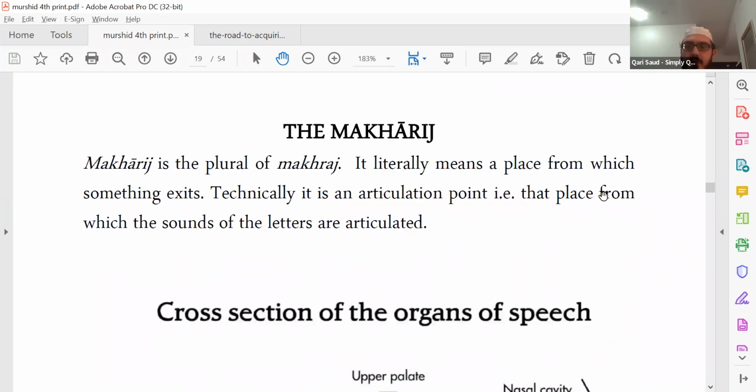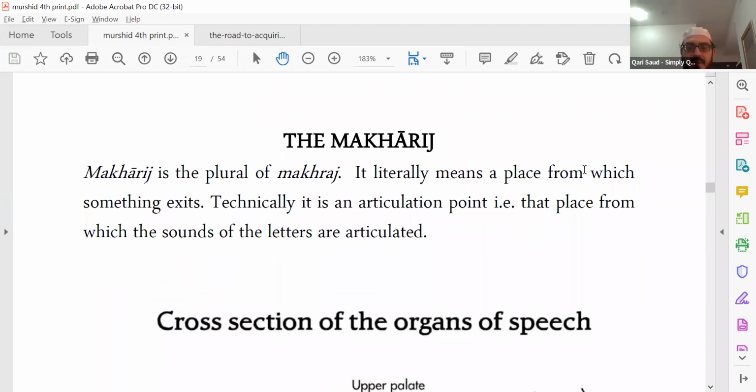Alrighty, now we're moving on to the next lesson here, inshallah. Before we move on, do we have any questions? You can either type it in or you can just open your mic and ask your question, inshallah.